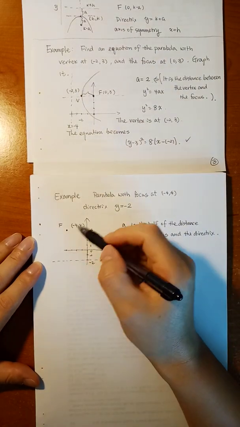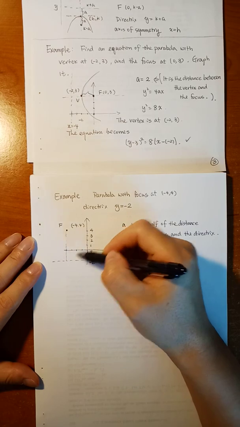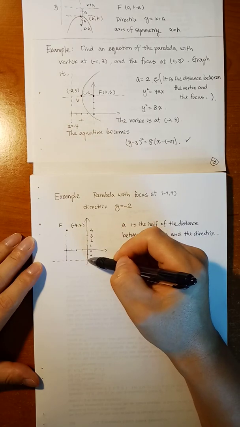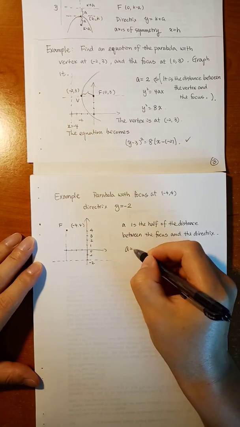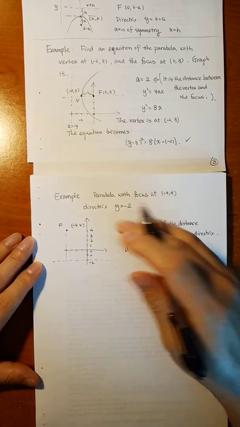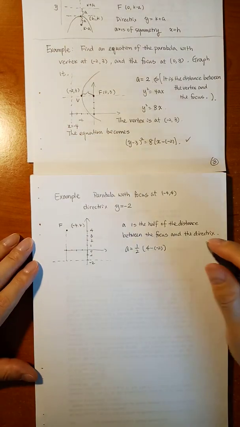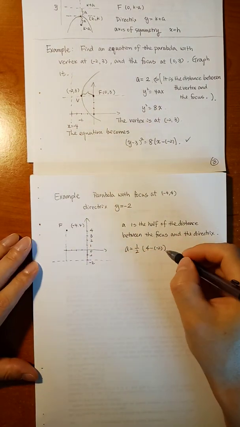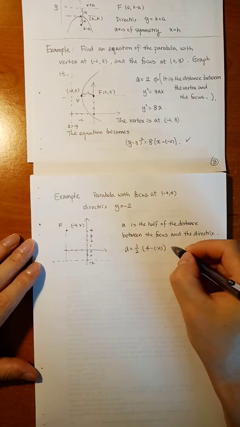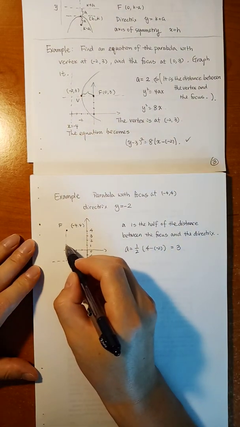Now let's see the distance to the directrix. It's vertical, so we count 4 to -2. So A is half of 4 minus -2. On a line, the distance is always the difference of the coordinates. 4 minus -2 is 6, so A is 3. Okay, so the midpoint is here. This is the vertex.